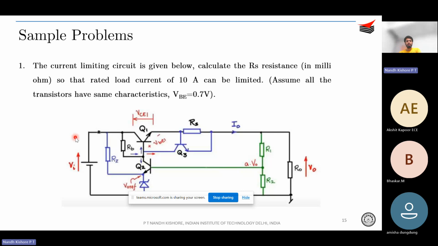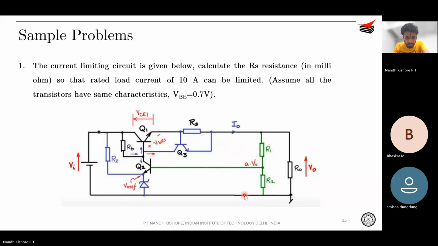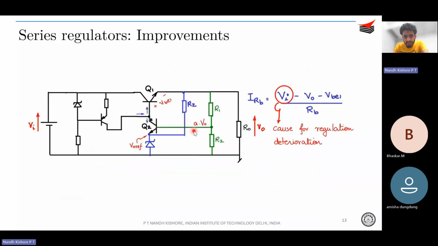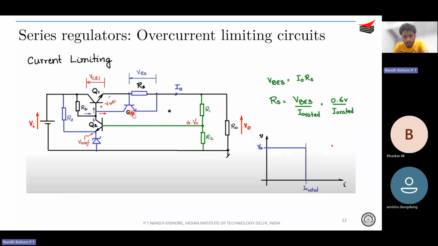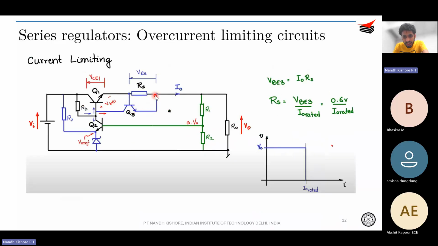Okay, so this is the circuit that we just saw, right? This is a series regulator. You understand that you have a BJT over here and then an RS. And the design criteria for RS that we just saw was that your VBE3 is going to appear across your RS, right?